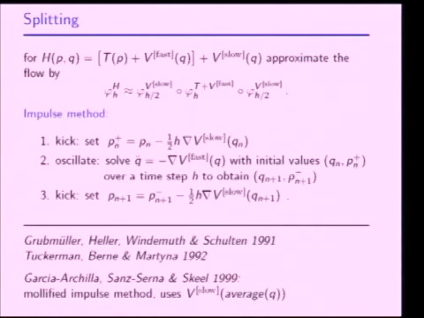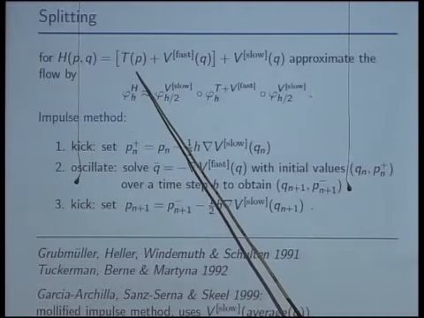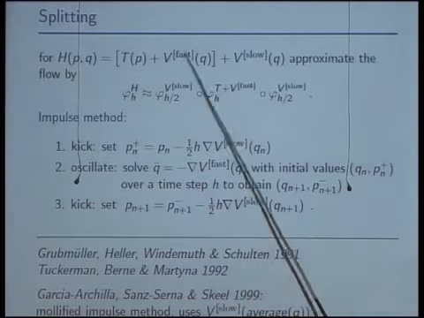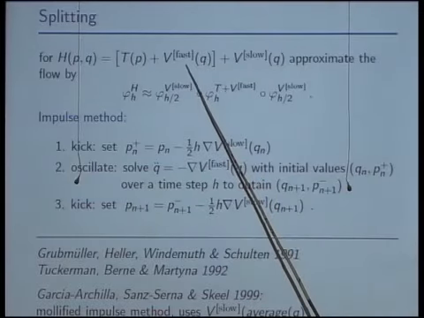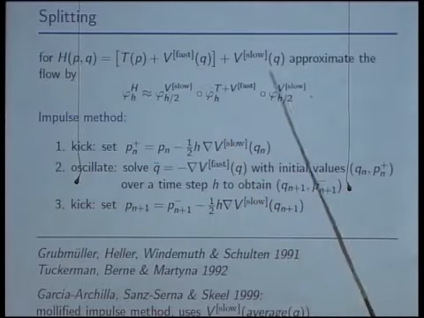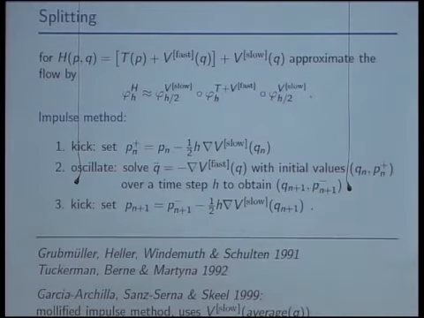So this working with averages is certainly one good idea. Another idea that is very helpful in many cases is splitting. So let's illustrate this for the Hamiltonian, which is built up of a kinetic part, a potential which is responsible for fast motion, and a potential for slow motion.